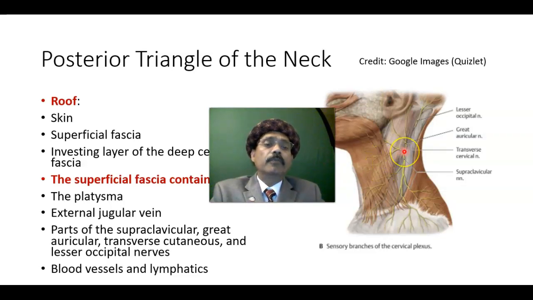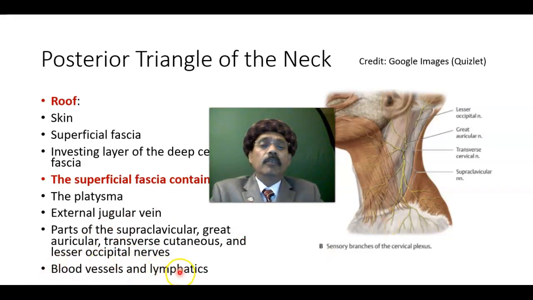These are all cutaneous branches derived from the cervical plexus. We also get blood vessels and lymphatics as contents of the posterior triangle of the neck.